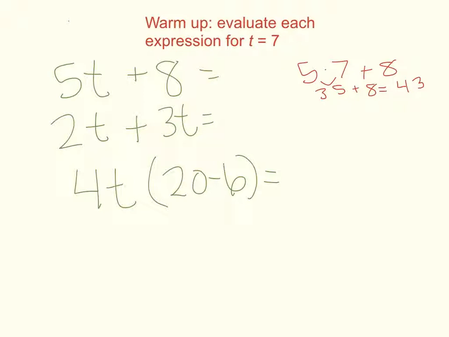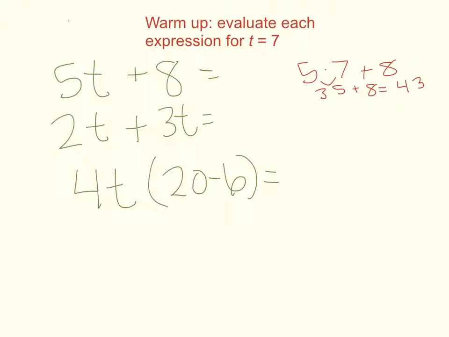Let's go ahead and look at the next one. We have 2t plus 3t, and each of those t's is actually represented by the number 7 because of the variable. Remember, variable means to change, so this t can change, and right now it is a 7.